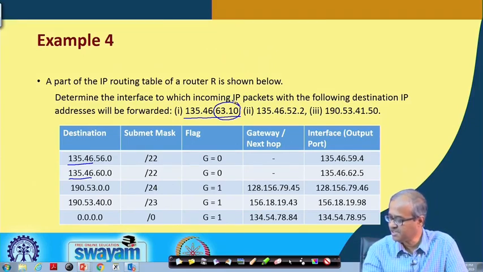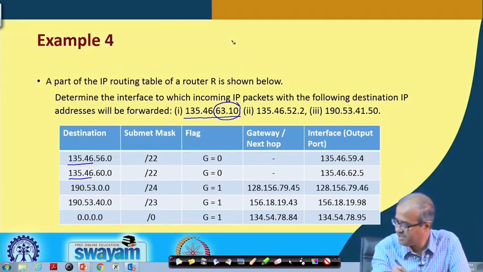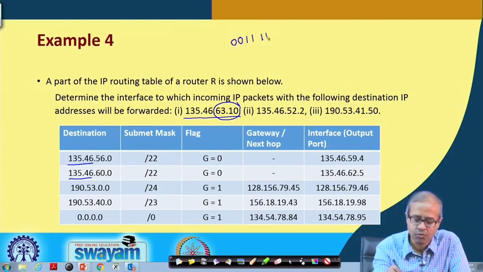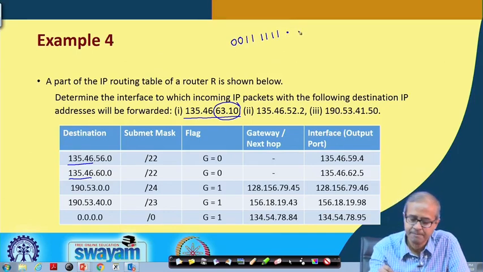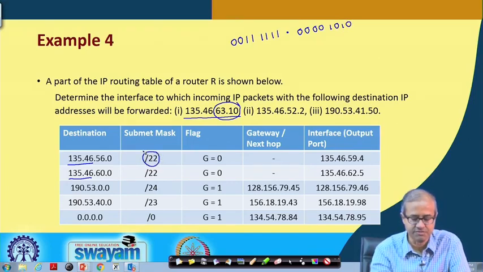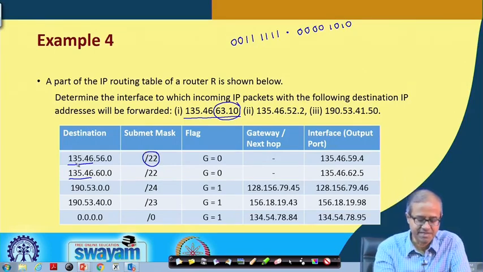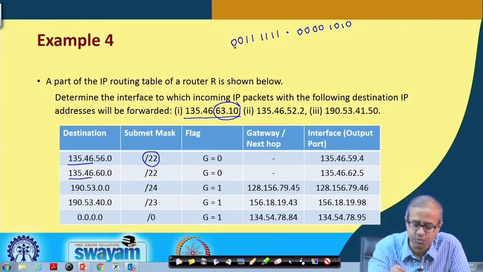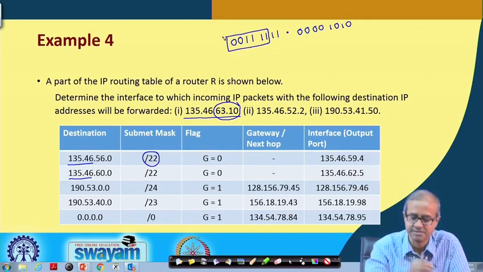So, what is 63 and 10? 63 is 0011 1111, and 10 is 0000 1010. And we are saying we will be looking at 22 bits of the address, first 8 and 8, 16 and 6 more. So, from here you take 6 more bits.